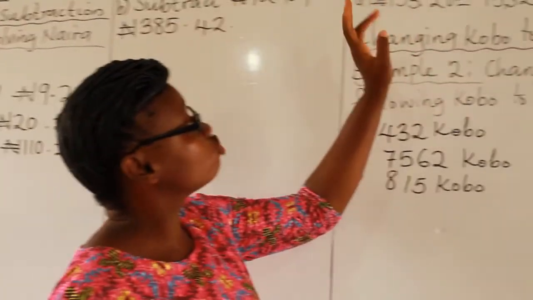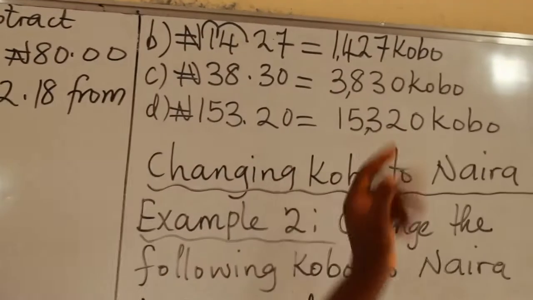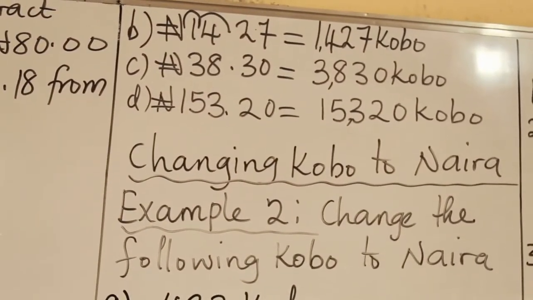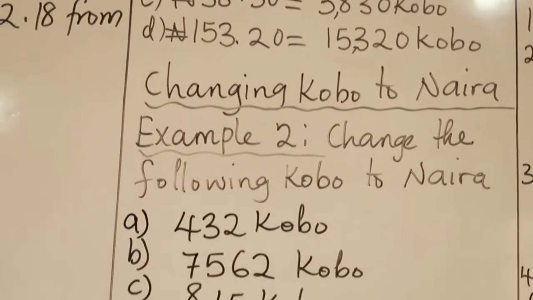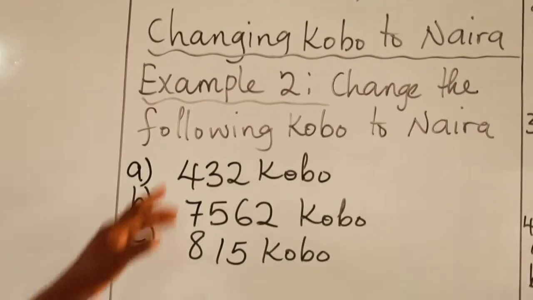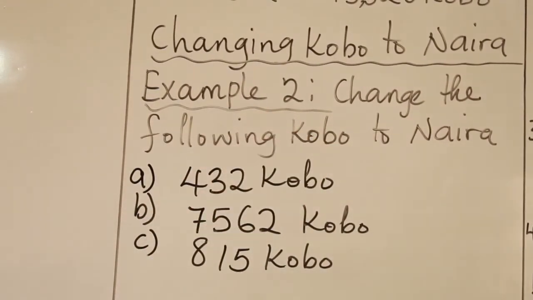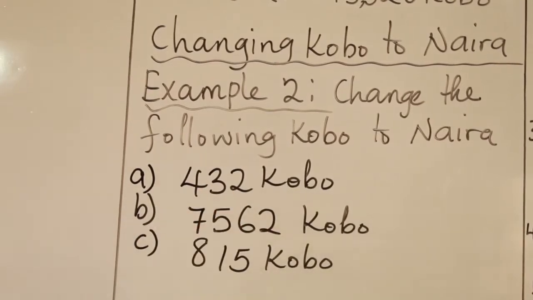So, all right, children. I said we've been able to change the following from naira to kobo. You have seen how we did it. So now we want to be changing from kobo to naira. We have an example here, example 2. Change the following kobo to naira. I've listed out 1, 2, 3 examples here. And then we have 432 kobo.